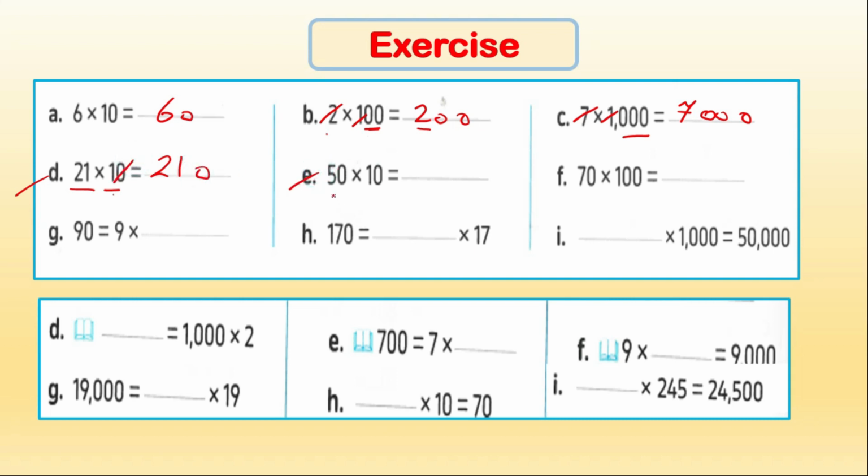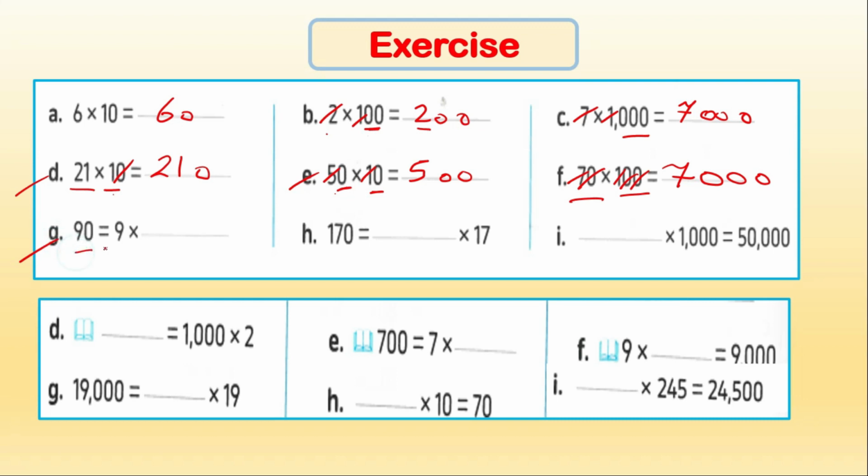E: 50 times 10. Multiply 5 times 1 equals 5 and we have 2 zeros. Drop 2 zeros. Okay. 70 times 100. 7 times 1 equals 7 and drop all the zeros.